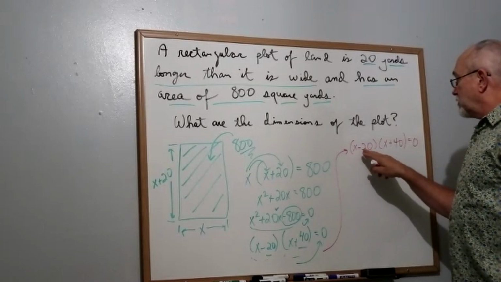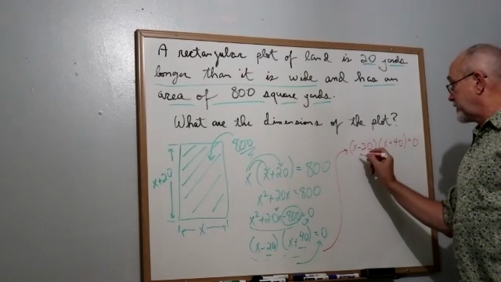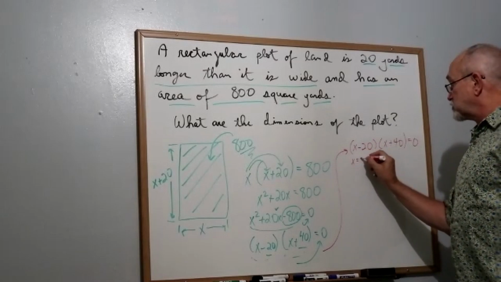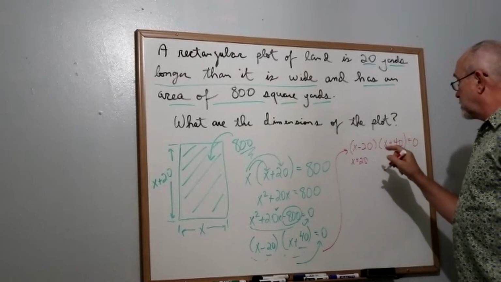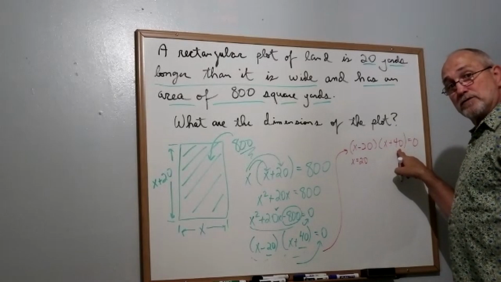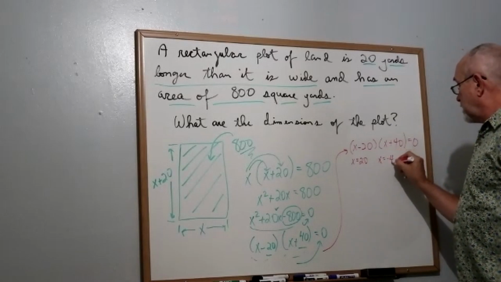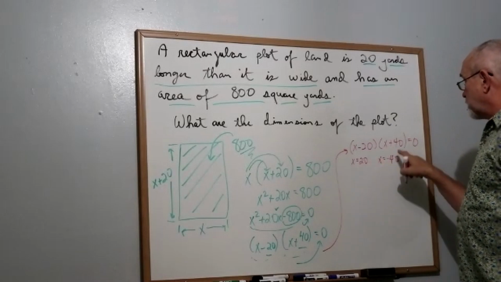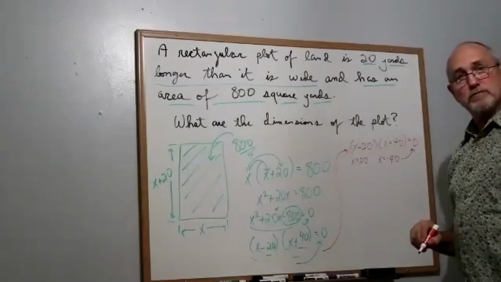What minus 20 equals 0? 20 minus 20 equals 0. So x equals 20 is one possible solution. And what plus 40 equals 0? Well, that's negative 40. Either one of these would equal 0 and when multiplied with the other would give us 0.